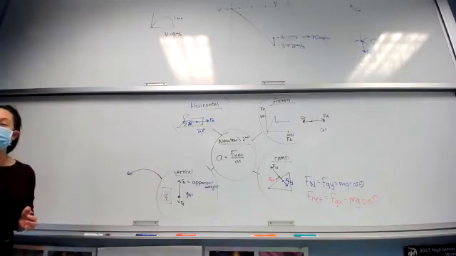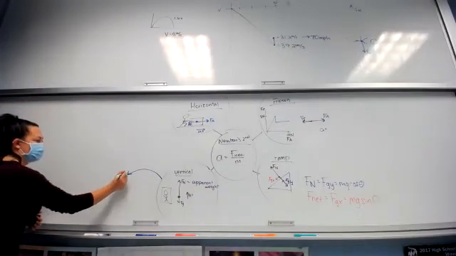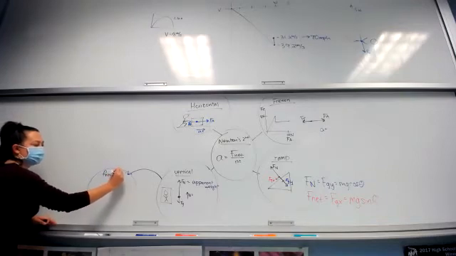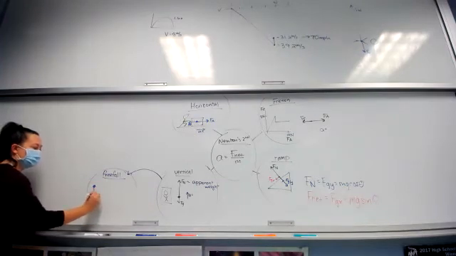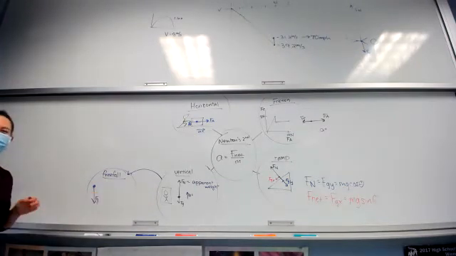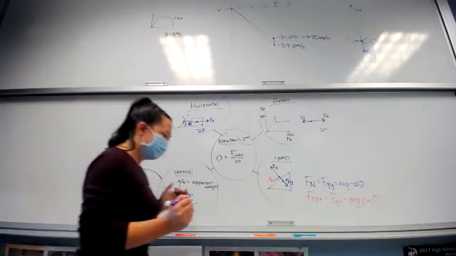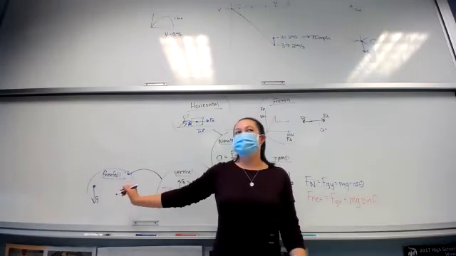In vertical motion, expect something about free fall, right? Free fall is just a special case of vertical motion. And in free fall, I have the easiest free body diagram ever. It's just one gravitational force. In free fall, it's just gravity.